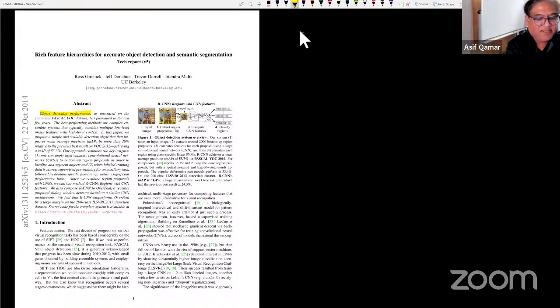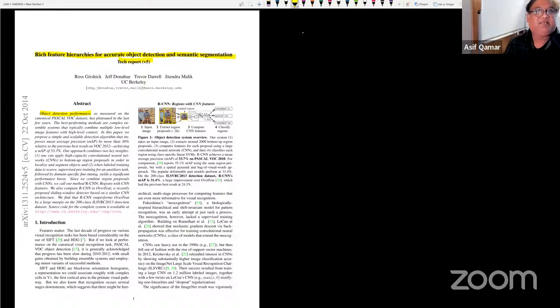So, rich feature hierarchies for accurate object detection and semantic segmentation. Semantic segmentation we have encountered. It is breaking up the regions of the picture, putting boxes. Okay, let's start. Object detection performance as measured by the standard metrics has plateaued in the last few years. This was 2014. What does that mean?